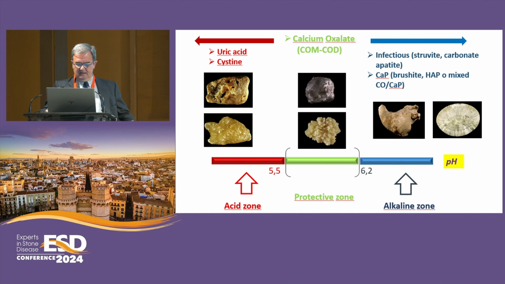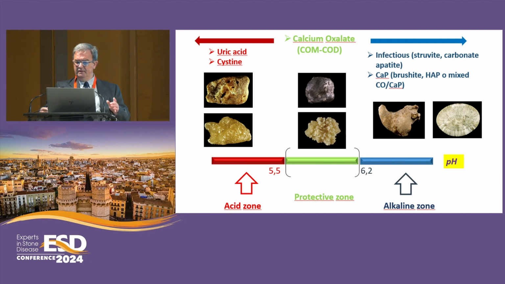This is quite basic. We all know that with pH higher than 6.2, the precipitation of calcium phosphate increases very rapidly. On the other hand, uric acid urine is the perfect place for uric acid stone formation.